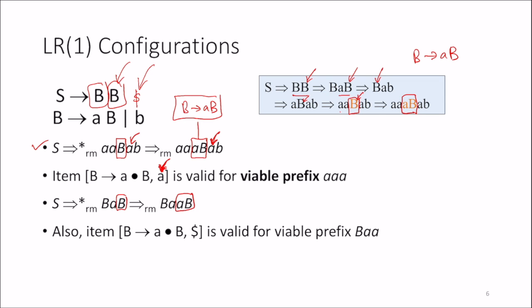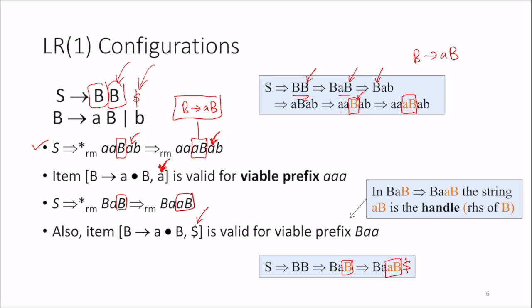So in this case, you notice that the look ahead is the end of input symbol, the dollar sign, and it's valid for this BAA variable prefix. So note that I'm doing this reduction, this AB goes to B. And notice that the look ahead is the dollar sign. So in this BAB, this reduction, this string AB is called the handle, or the right-hand side of the rule B goes to AB, right? This is the notation we've looked at before.